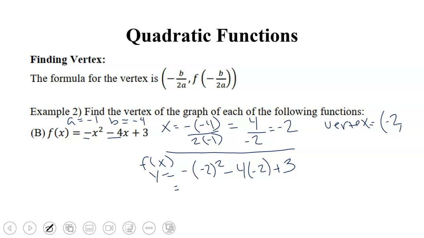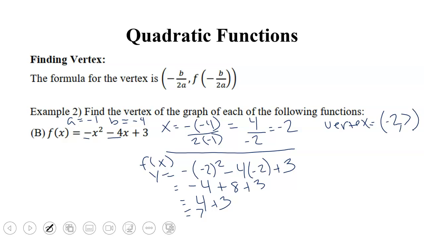Now negative 2 squared is positive 4. But then we have that negative on the outside, so it turns back into a negative 4. Then negative 4 times negative 2, 2 negatives make a positive 8. So negative 4 plus 8 is positive 4. And then 4 plus 3 is positive 7. So my vertex is negative 2 comma 7.